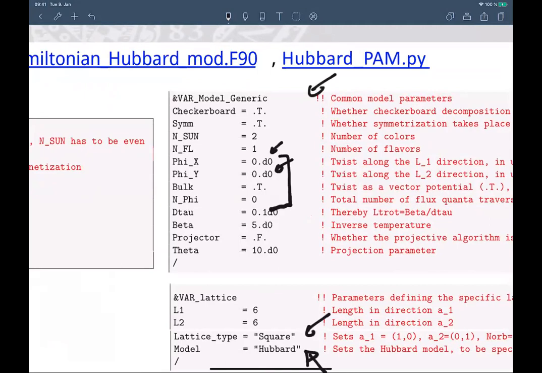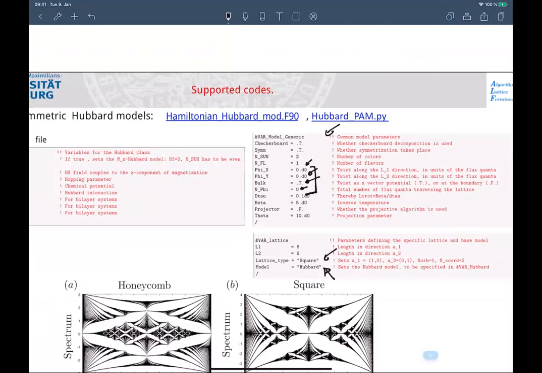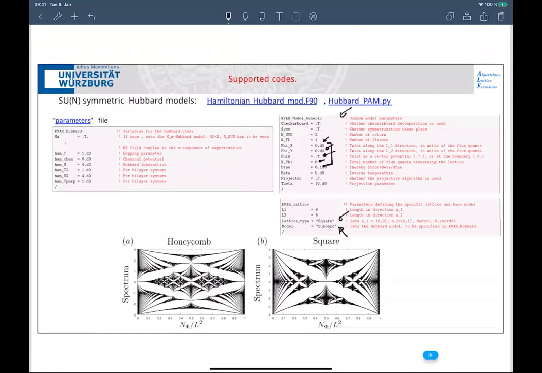You may know that twisted boundary conditions can be put in the bulk or, through a gauge transformation, just at the boundary. So maybe you would like to put them in the bulk. That's equivalent to the gauge transformation. So that's an option you have. And what this gives you is a number of flux quanta which traverse the lattice. So what this means is that our lattices are embedded in a magnetic field.